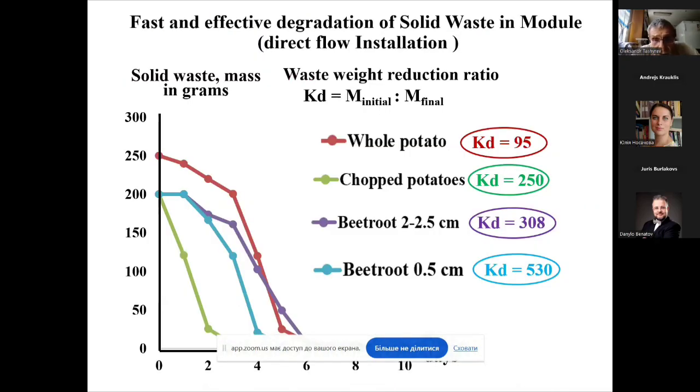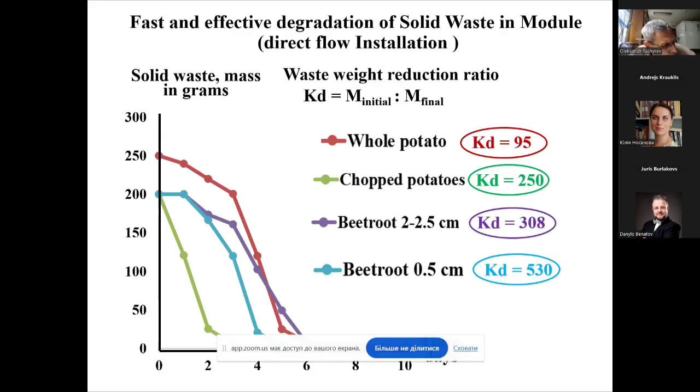So the coefficients of degradation were very large. Coefficient of degradation means the ratio of mass of initial waste to final mass. And here you can see that during not more than 6 days, we obtain the maximal mass decrease of more than 500 times.